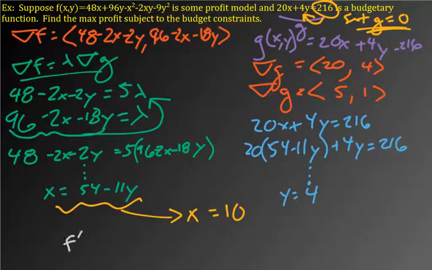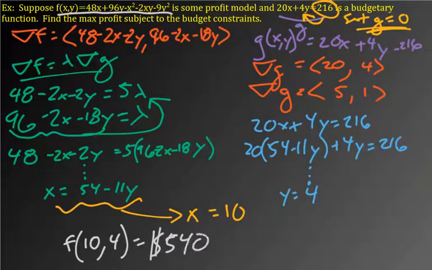So we can do f of 10 comma 4. And I'm also going to save you the annoying plugging and chugging there. If you just go and plug everything in, you basically get that the max profit should be $540. So this is the idea.